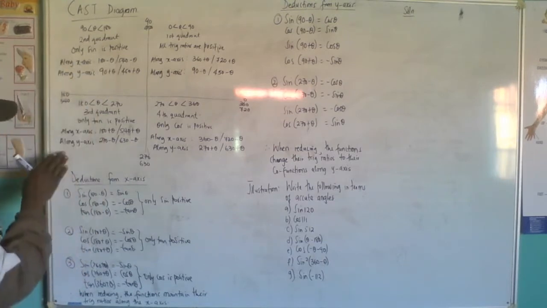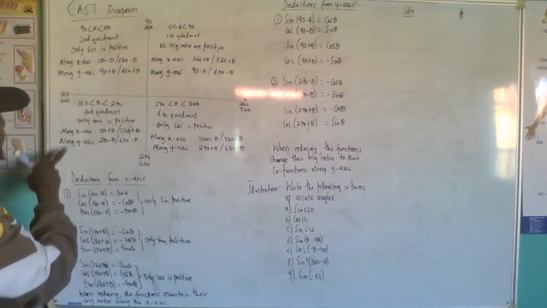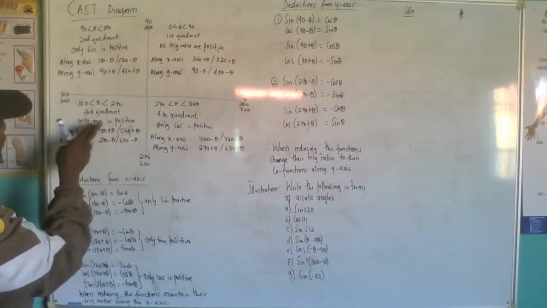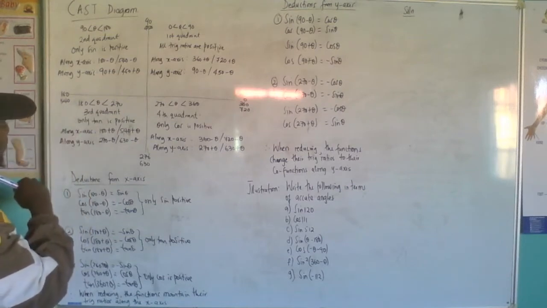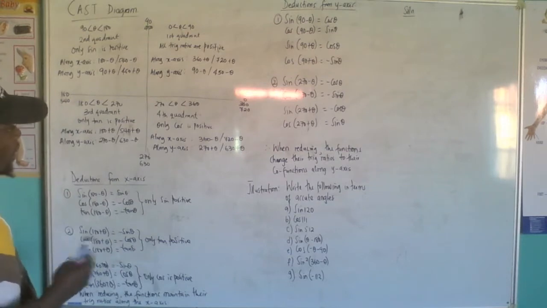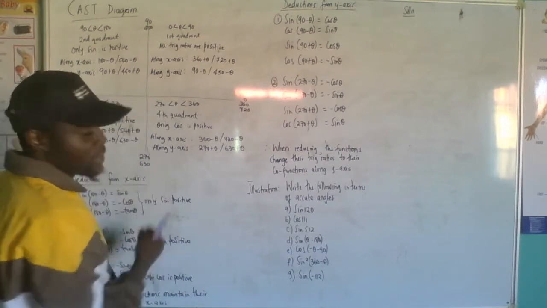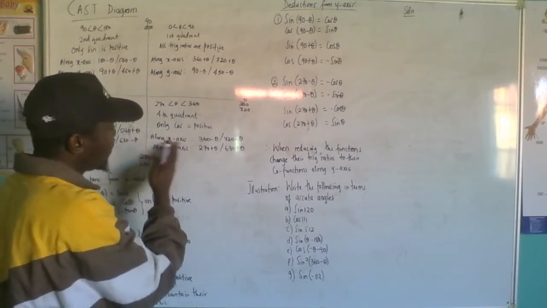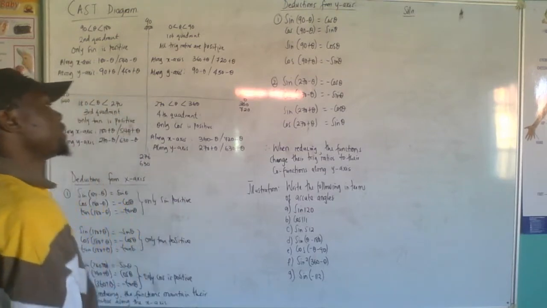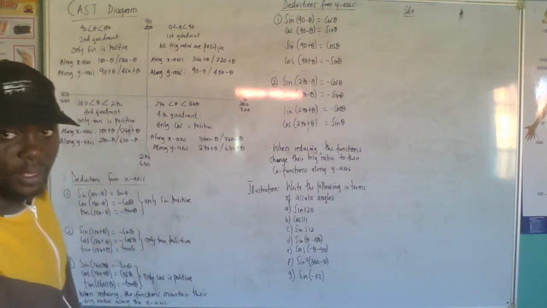In the third quadrant, you have 180 plus theta along the x-axis, or 540 plus theta. And then in the fourth quadrant, you have 360 minus theta, or 720 minus theta. That is along the x-axis.